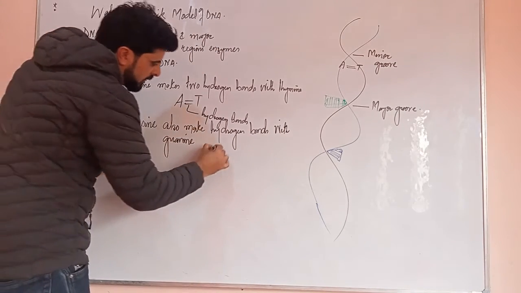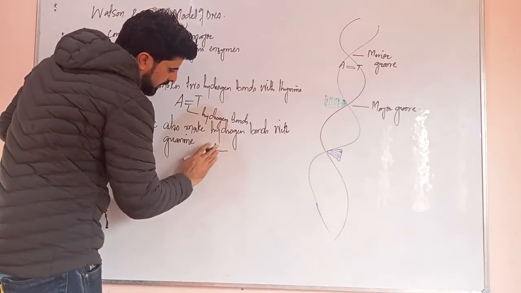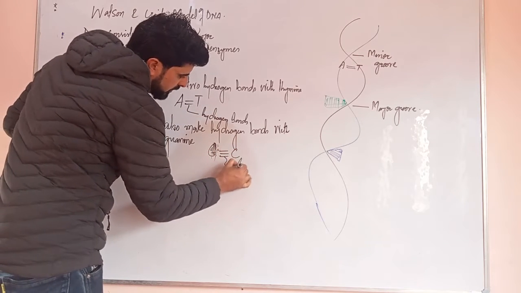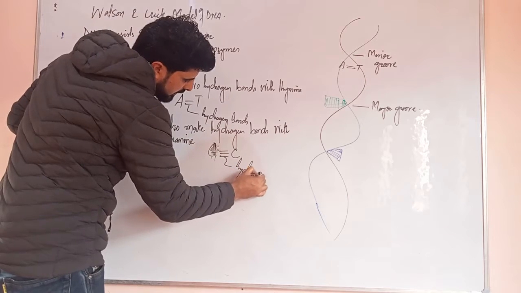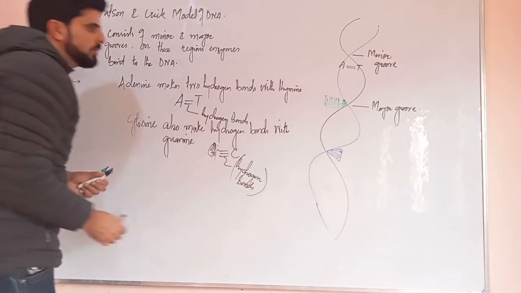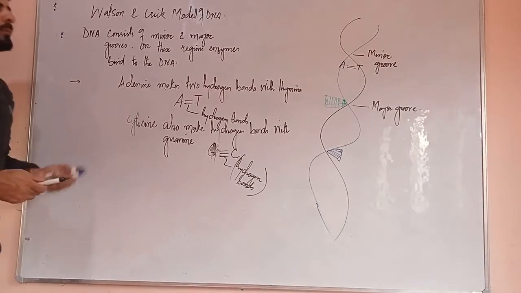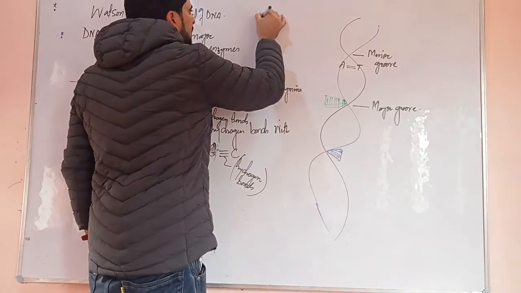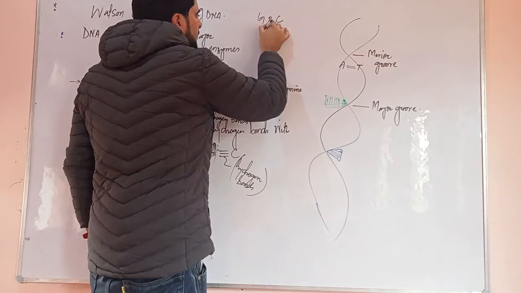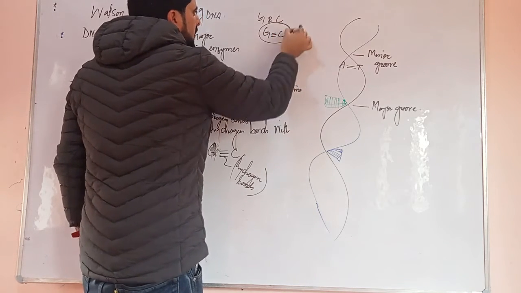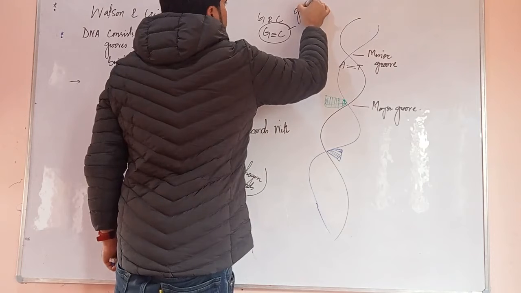Three hydrogen bonds are made by guanine with cytosine. So the most important thing to keep in mind is that if we have a DNA which is rich in guanine and cytosine, that means rich in G triple bond C, it has a greater melting point.